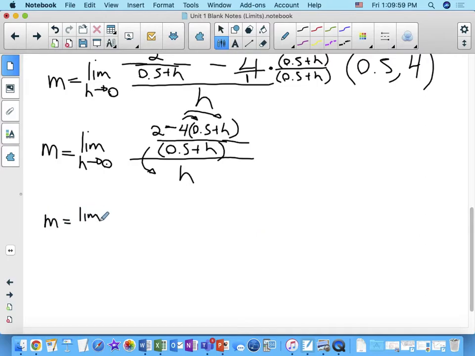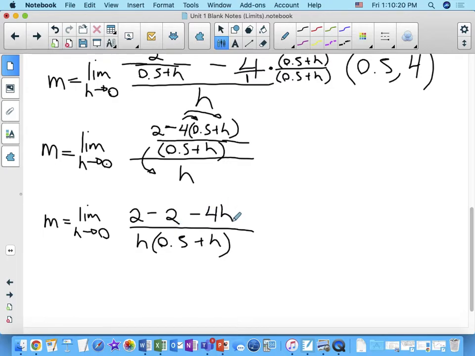The limit as h approaches 0 of, okay, I'm going to write the denominator in first. So h times 0.5 plus h. And then here I'm going to have 2 minus 4 times 0.5 is 2. And negative 4 times h is minus 4h.